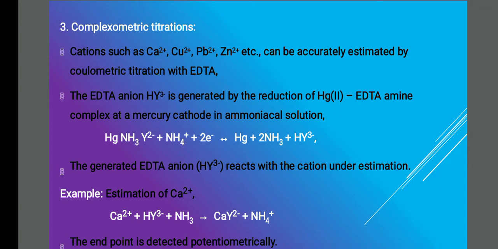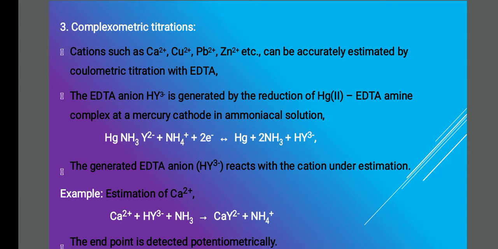Is it okay? So what you are doing here is the HY3- ion is generated by reduction of the Hg-EDTA amine complex at the mercury cathode in ammoniacal solution. The reaction: HgNH3Y2-, which is the mercury EDTA amine complex at the mercury cathode in ammoniacal solution, undergoes reduction to give mercury plus ammonia plus the HY3- ion, which is the EDTA anion.